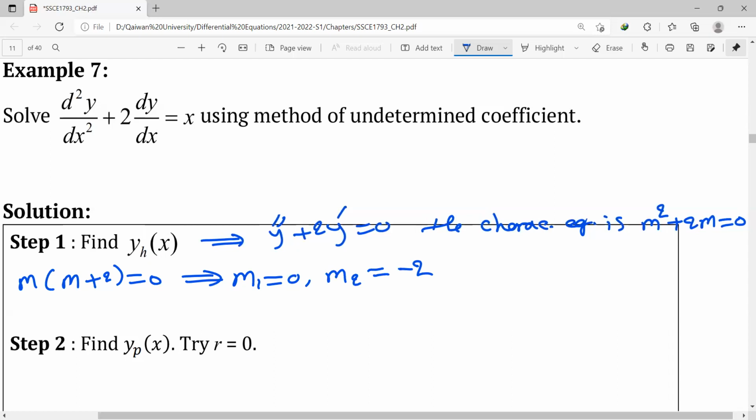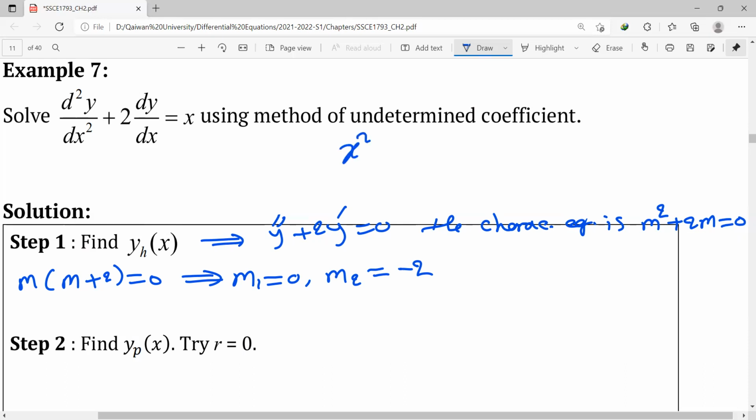So the general form of the homogeneous solution is as follows. Here you have a polynomial of degree 2.